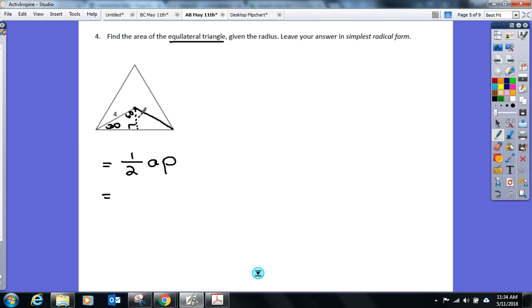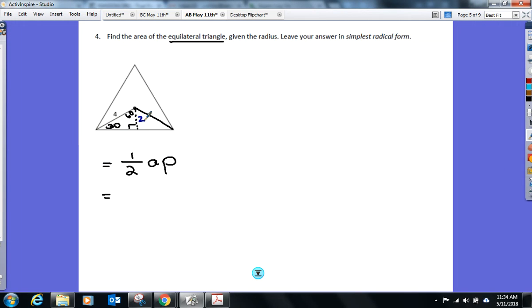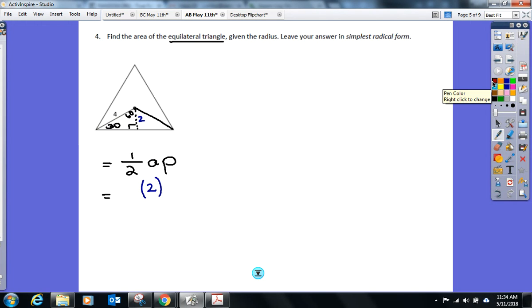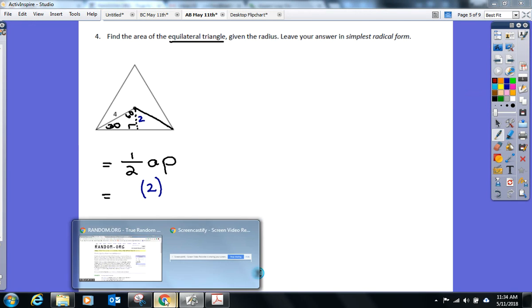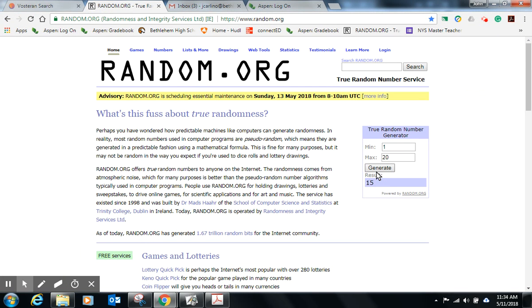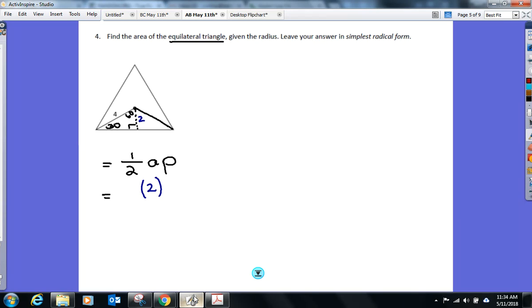And Kate, you just found our apothem, 2. Okay, what about the side across from 60? Anybody know what that missing side's going to be using your rules? The side across is 2 square root of 3.